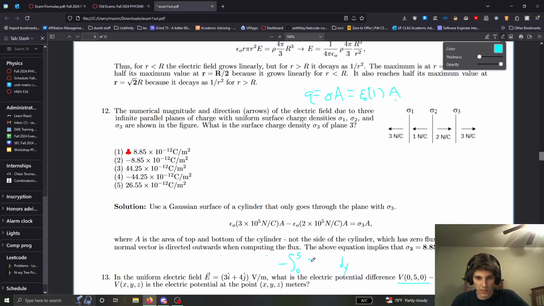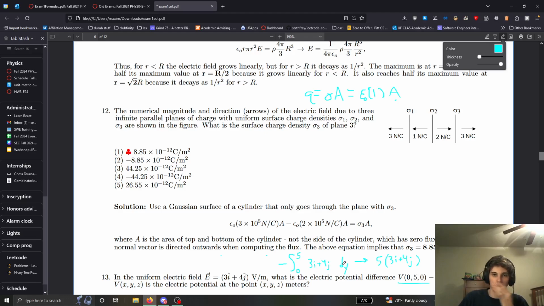But the electric field is 3i plus 4j. Now, I got confused when I was doing this the first time. Despite the i's and j's, this is a constant, right? So when you integrate it, what you end up getting is 5 times 3i plus 4j. However, the even more confusing part here is that this 3i is stuff that's heading in the x direction.